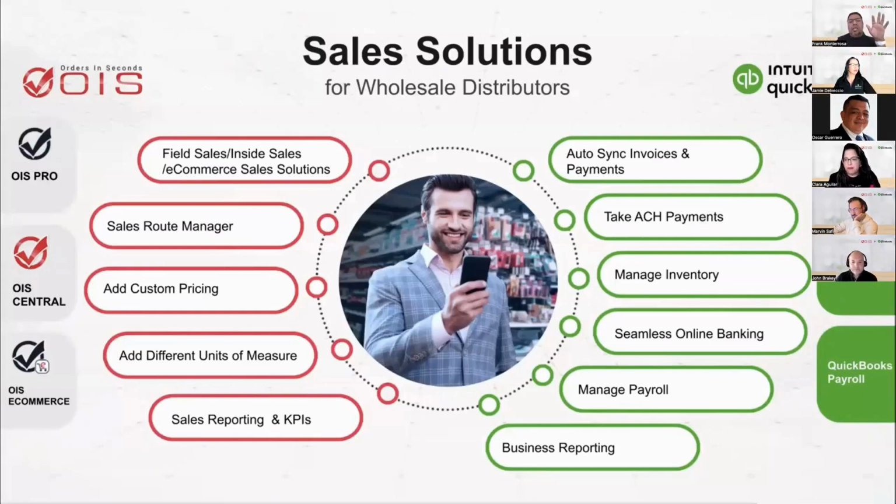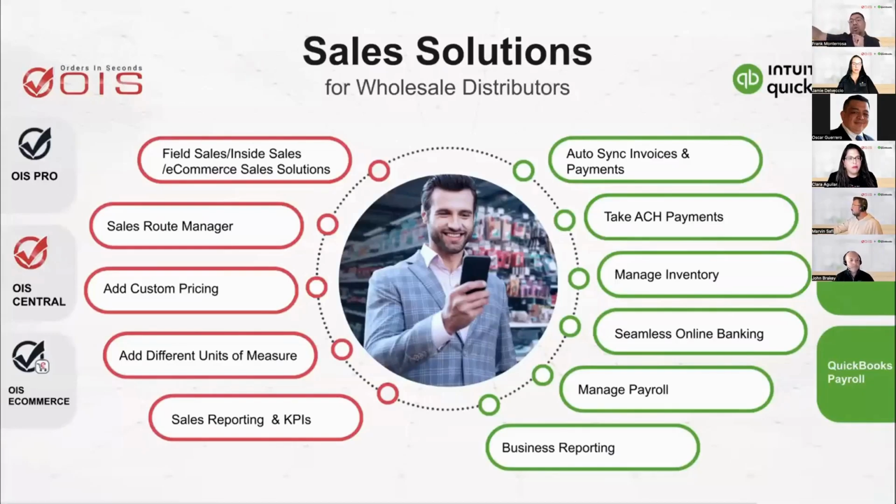So look, with the sales solutions, remember, in the distribution industry, there are various channels, right? These channels depend on the business model that you have in place. So this means sales orders can be generated from different sources, as we can see right here on this screen. If you are a distribution business, you may have sales reps in the field.